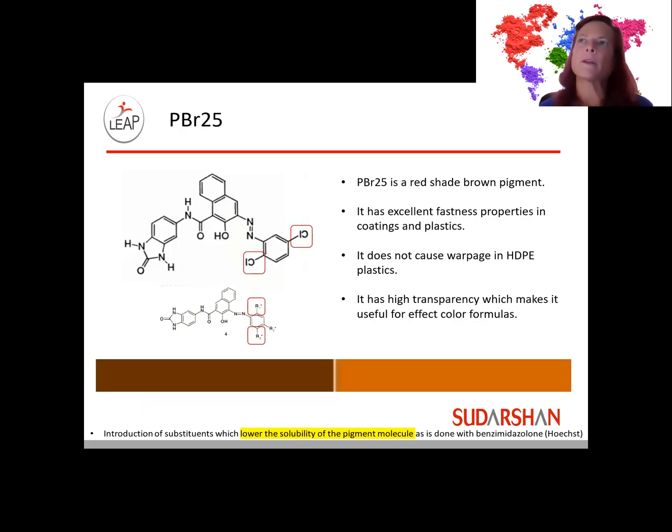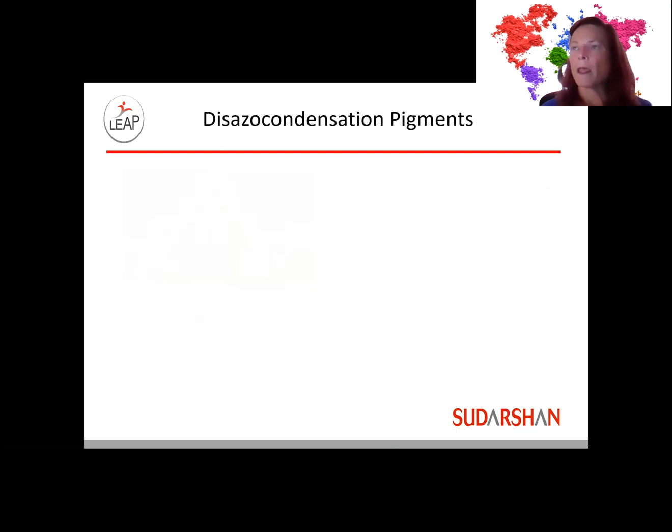And the last one in the category is a brown, the pigment brown 25. It's a very lovely red shade brown pigment, which is unique in that it gives a high transparency, making it especially useful for effect colors in that brown space.